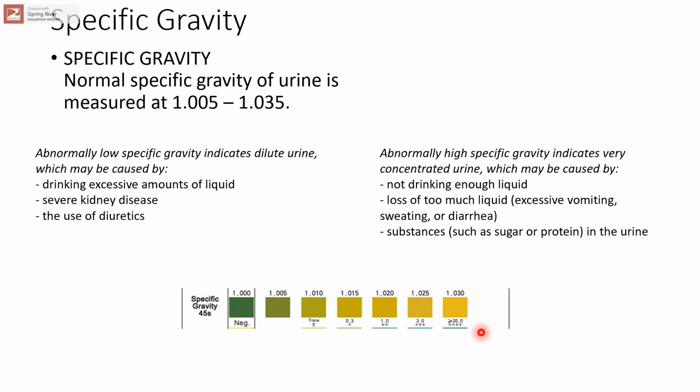So other conditions can be due to cirrhosis, glycosuria, proteinuria. All of these can cause changes in specific gravity. Now, if the specific gravity is really fixed and there's no change at all, this can be a sign of advanced kidney failure.